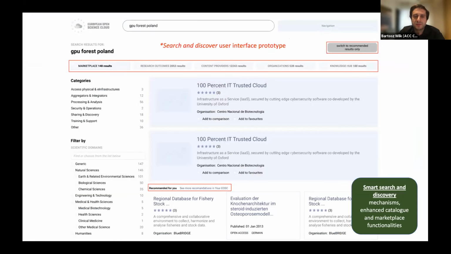To give you a slight feeling of what we are planning, I'm showing just a prototype of some user interface that can be delivered with the work in the EOSC Future. So as you can see on the top, we have different types of results. As you can see on the bottom, we have recommendations and also they are targeting different resource types and especially research products.